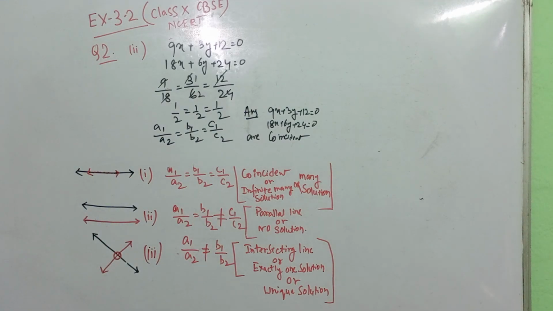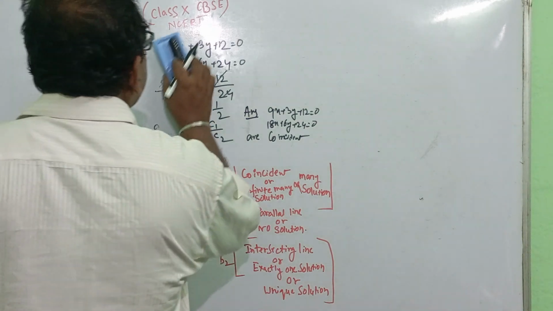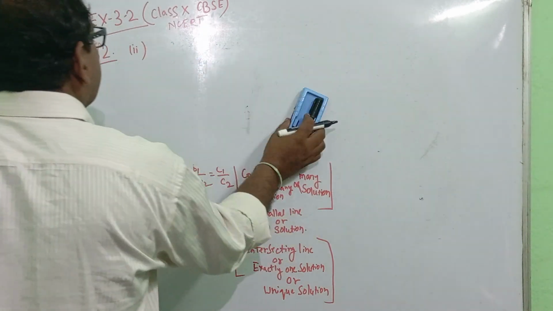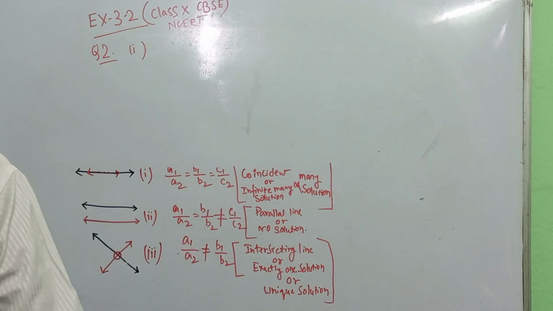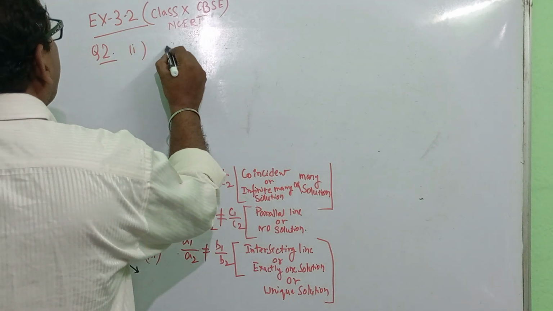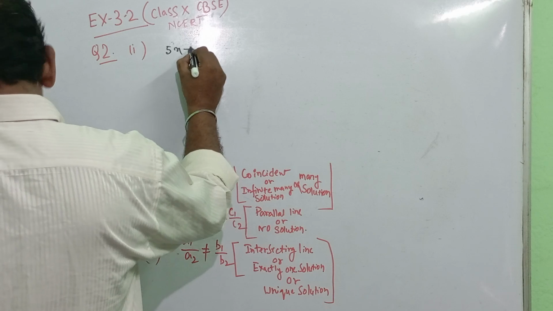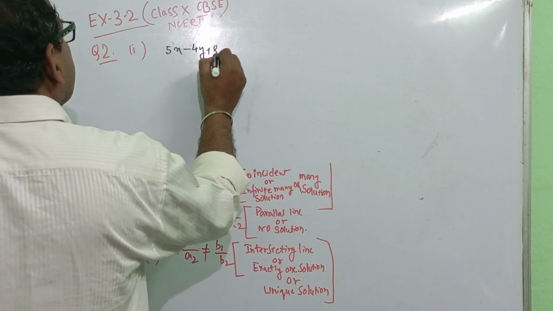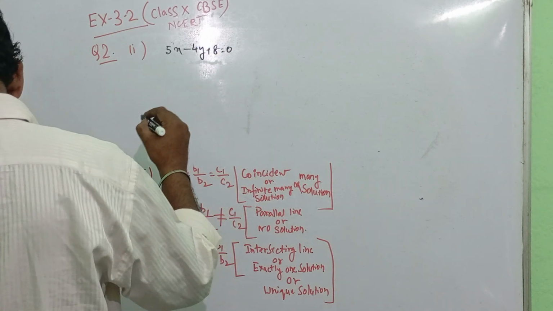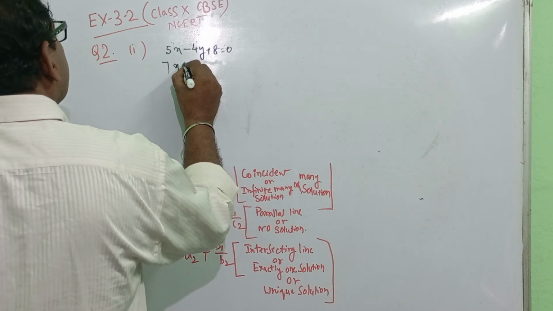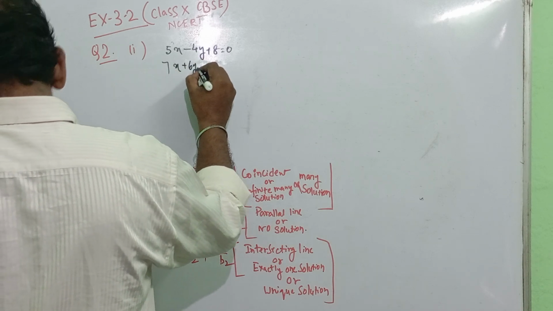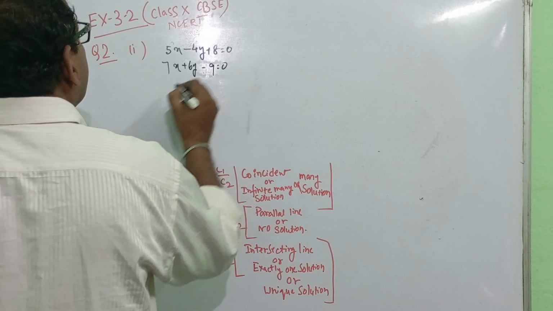Now if we take question number 1, they are given 5x minus 4y plus 8 is equal to 0 and 7x plus 6y minus 9 is equal to 0.